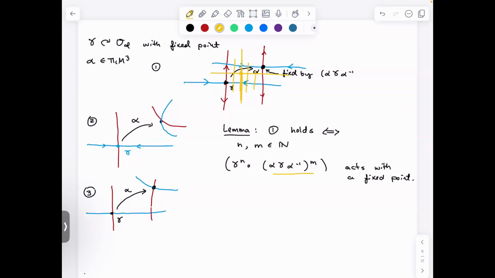And one way you can prove that now, retroactively, is just by showing the set of elements representing periodic orbits grows exponentially.